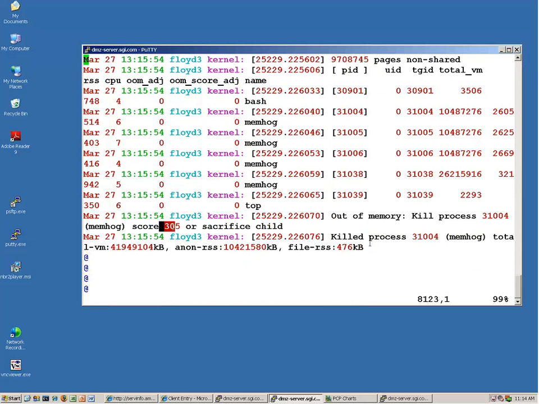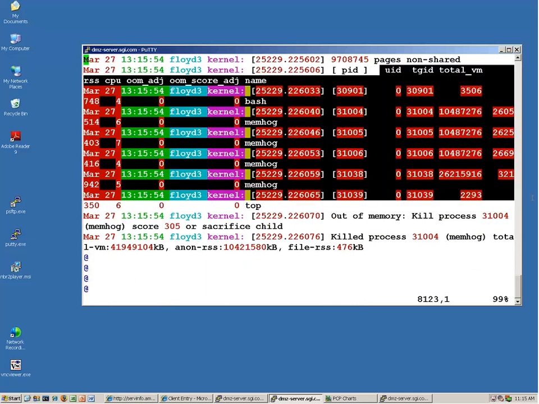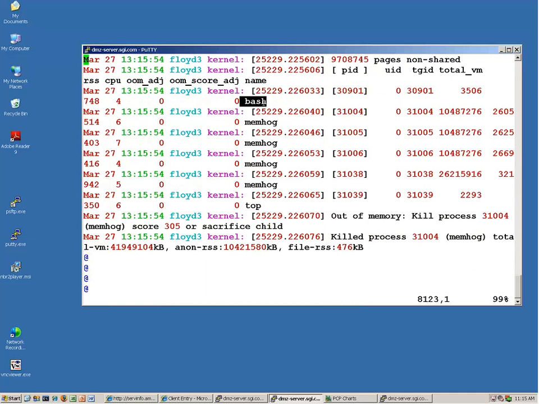And here's the badness score. I don't think the badness score is calculated the same way as in the workbook. The numbers are usually a little bit different here. And it's actually printing out the PIDs that are the targets for what it's going to kill, including bash. Remember, the parent inherits the children's badness.